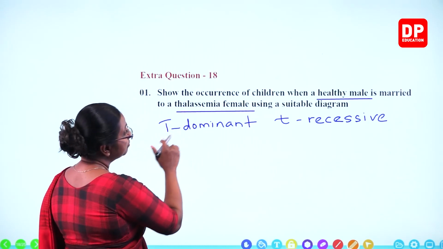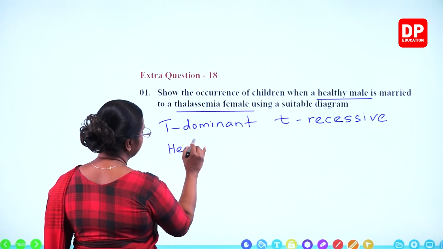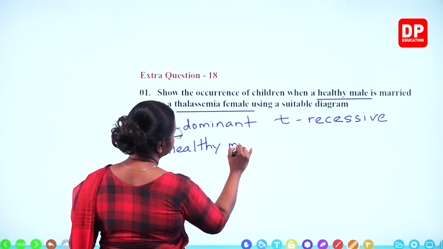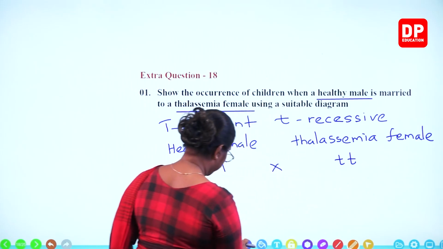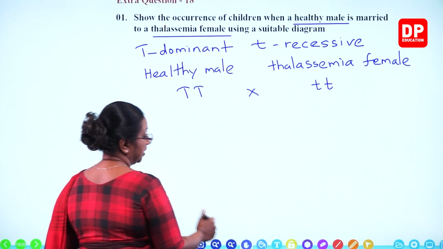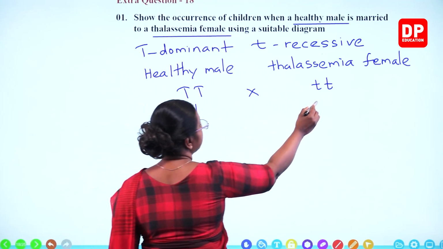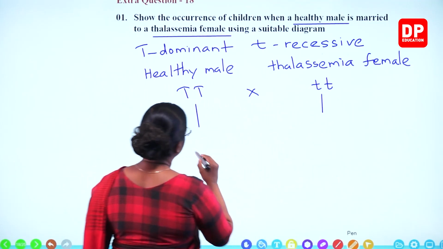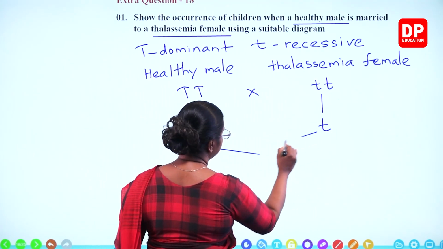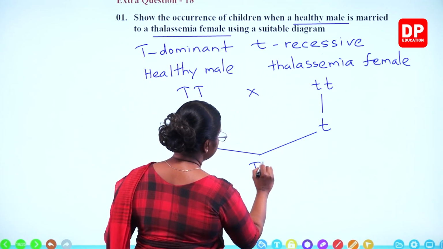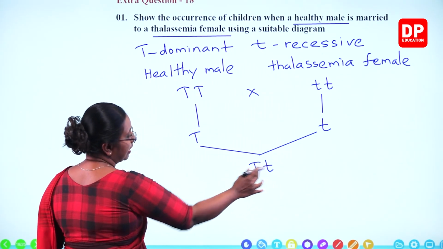There is no linkage here. So we have the healthy male and thalassemia female. Both simple T. So from there, there is only one type of gamete, capital T and simple T. And when they combine, capital T, simple T. What is this?